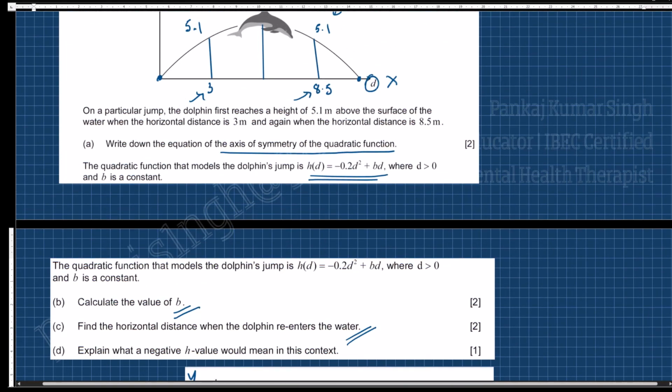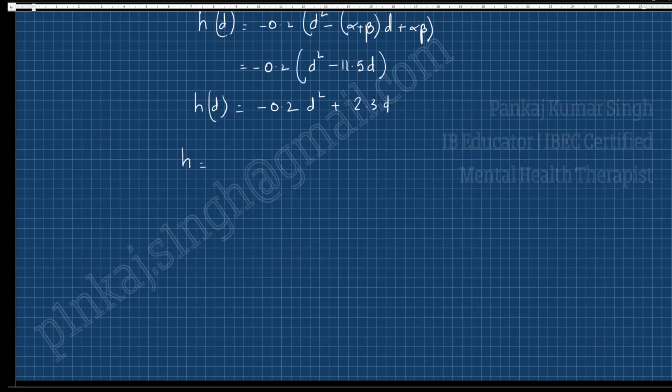I can find the axis of symmetry of the quadratic function. So how do I get the axis of symmetry? I know that the axis of symmetry can be found using this, which also gives me the maxima or the minima depending on how the function is. So this is going to be minus 2.3 divided by 2 times minus 0.2.